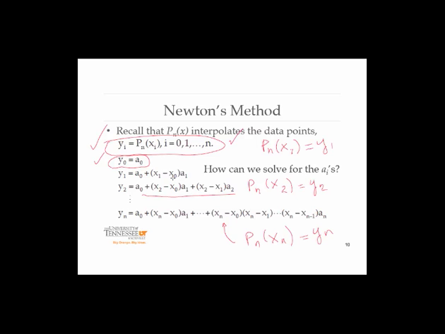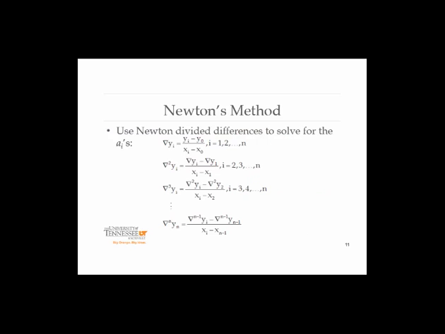So you could possibly rewrite this as a linear system, but it turns out there's a much more efficient way to generate those a sub i's, and it's what's called the Newton divided differences. The Newton divided differences are just different subtractions or differences between the y coordinates and the x coordinates. So the notation is indicated here for what a divided difference is going to be. The very first one you see is called the first Newton divided difference.